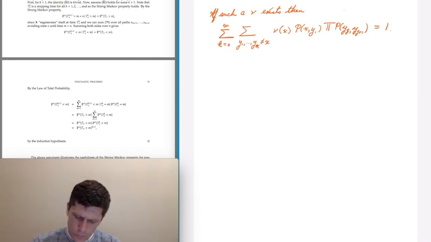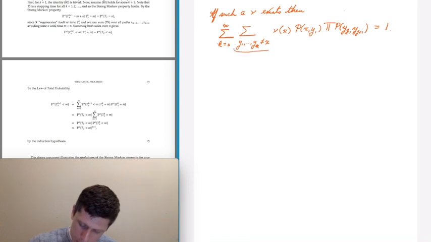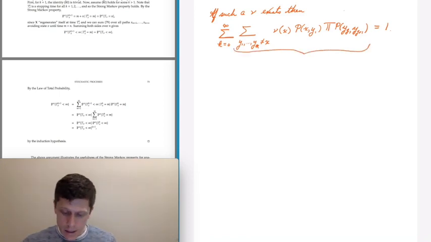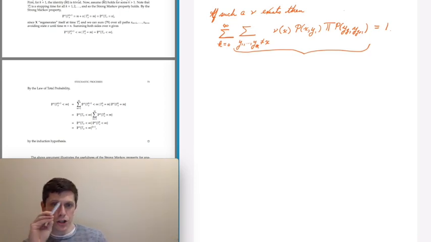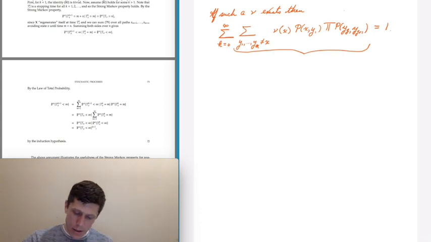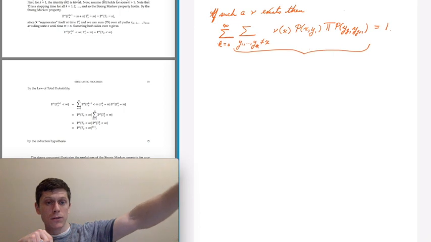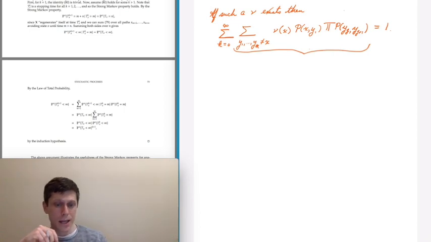Okay. But the thing to observe is that for each such k, this sum is the sum over all excursions of length k that don't revisit the state x. So every set of states in here is of time longer than k in which we didn't revisit x.